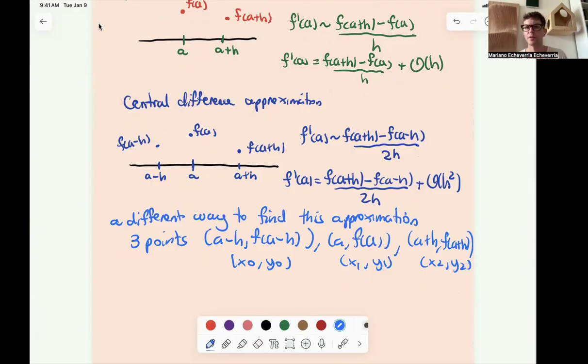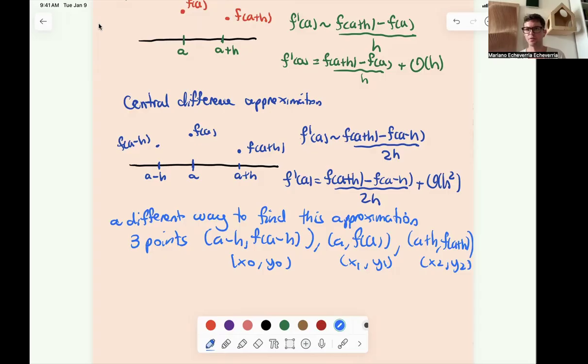When we talked about the Lagrange interpolation formula for a polynomial, the idea was that if you had 10 points, you would find a polynomial of degree one less. So if you had 10 points, you would find a degree 9 polynomial. Here, because you have 3 points, you would find a parabola, or a degree 2 polynomial.